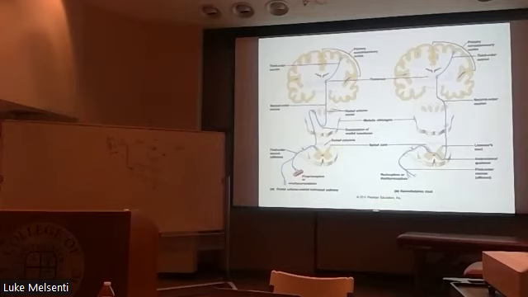If we look at the dorsal columns, it's going to come up on one side, and the medial lemniscus is going to decussate in the medulla, and then go up on the opposite side to the thalamus, and then from the thalamus to the sensory cortex.